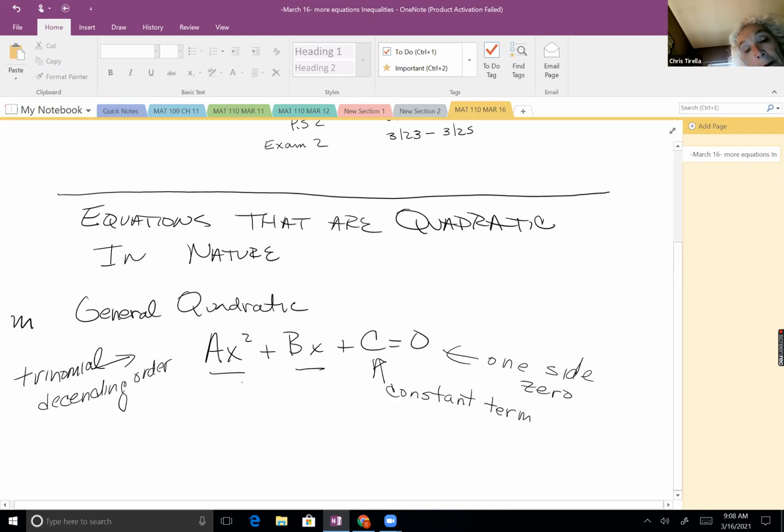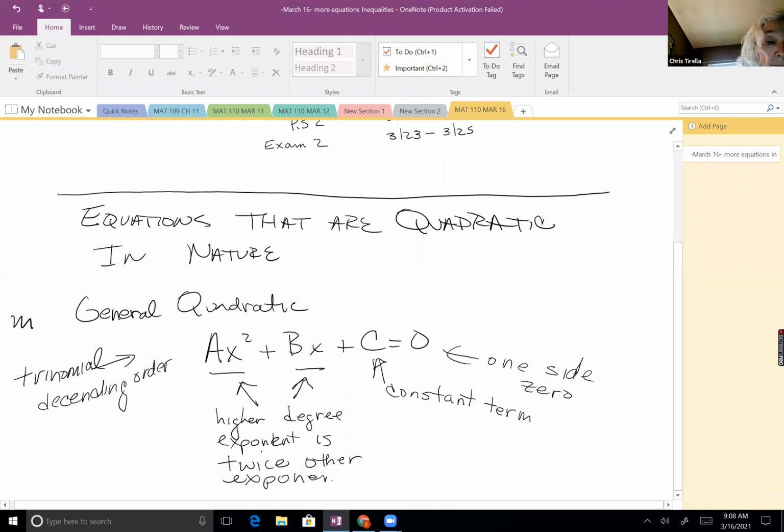And if we compare the two variable terms, do you notice that the higher degree exponent is twice the other exponent, double the other exponent? And so if we can find an equation that fits that format, we'll say that it's quadratic in nature.